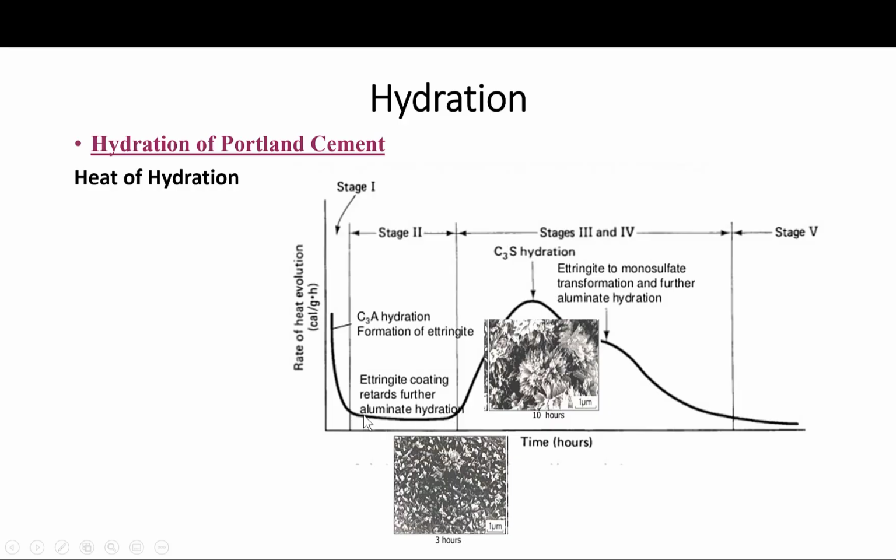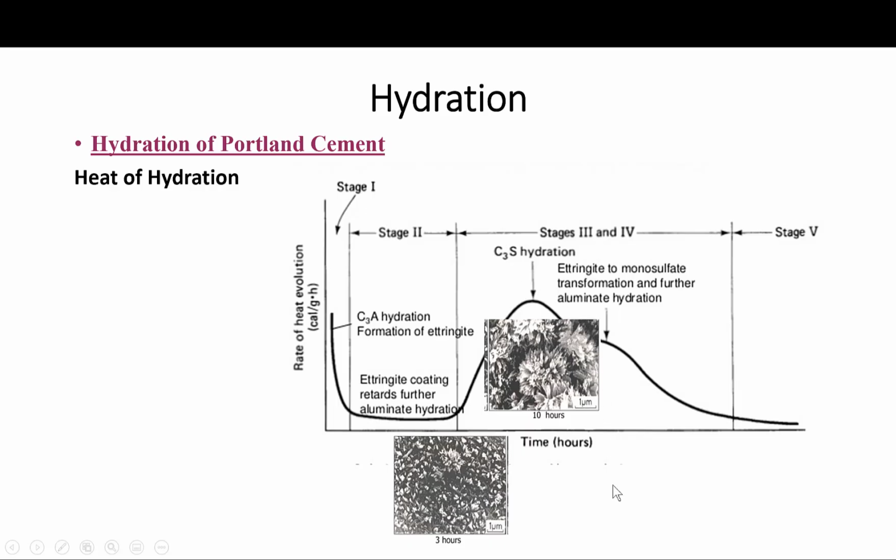For example, at the end of the dormant period, about 3 hours, the beginning of the nucleation of the calcium silicate hydrate. That will explain why we will have the initial set or the beginning of setting. And here the renewed reaction of C3S, and here is the formation of more calcium silicate hydrate gel, where we will have final setting somewhere around here.